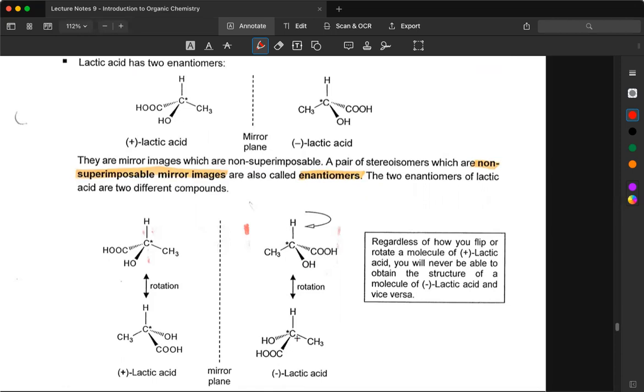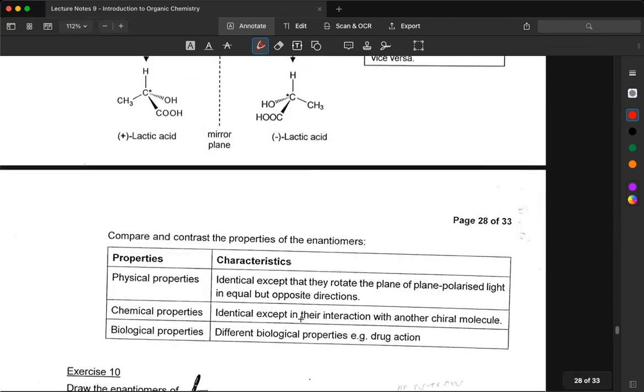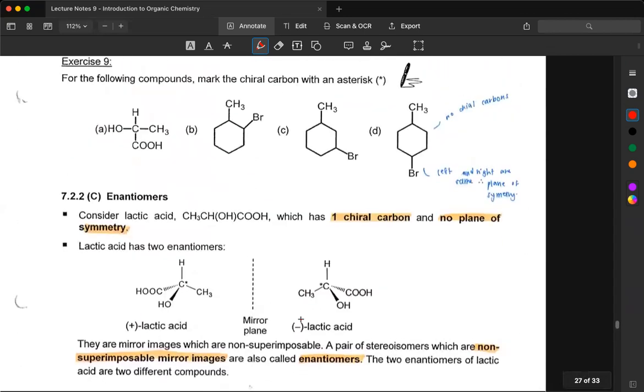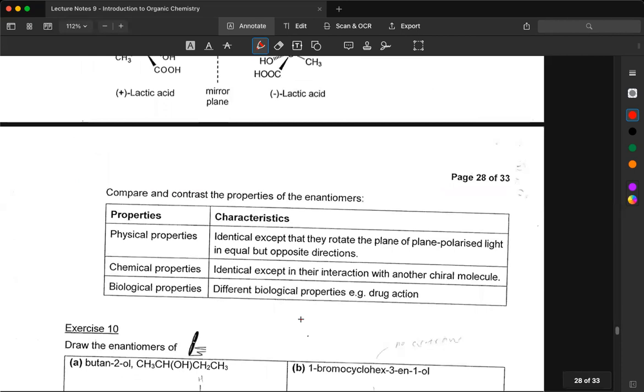Then you rotate this, and this one becomes the top, and it is also not the same as this one, right?